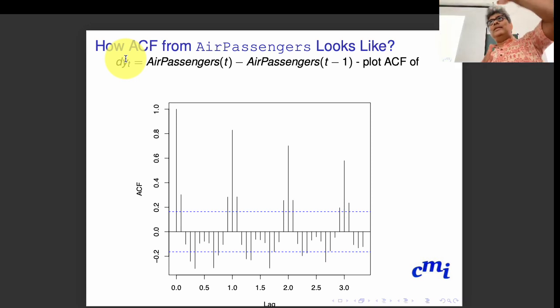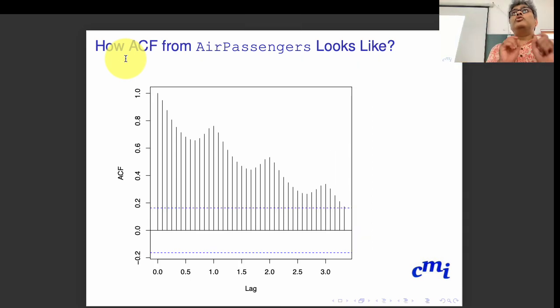Because now the data has been detrended, a lot of trend related spurious correlation is now removed from the data set. There are two kinds of correlation here. The correlation between lag 1, lag 2 or lag 3 variables is due to two reasons: one is the trend and the other is the periodicity. Now after taking the consecutive differences, the trend part is gone.